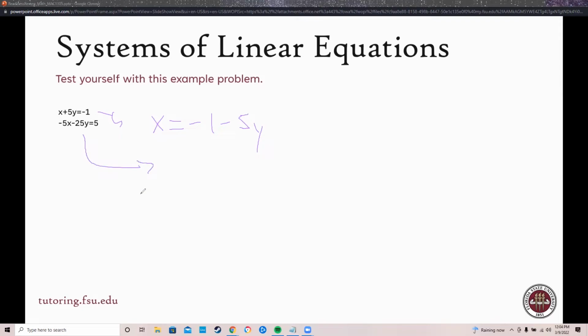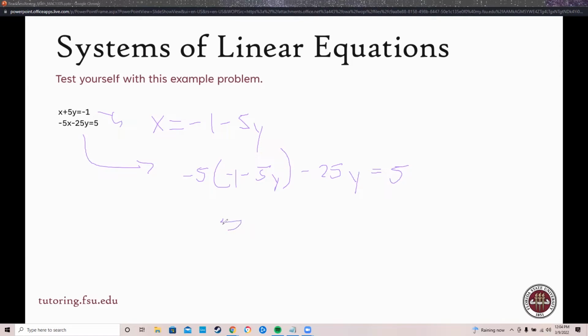If I plug that into the second equation, I get negative 5 times negative 1 minus 5y minus 25y is equal to 5.